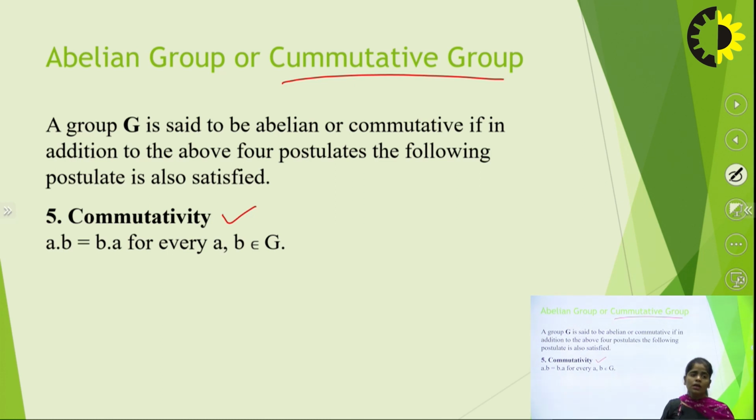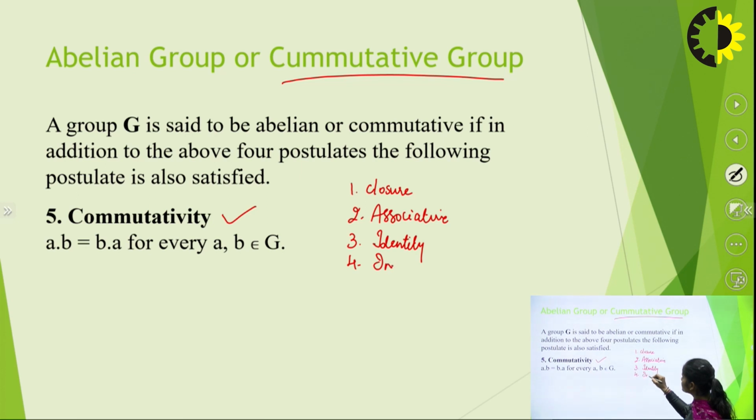A group G is said to be abelian or commutative if in addition to the above 4 postulates the following postulate is also satisfied. The 4 postulates are closure, associative, identity, and inverse, and the last one is commutative.